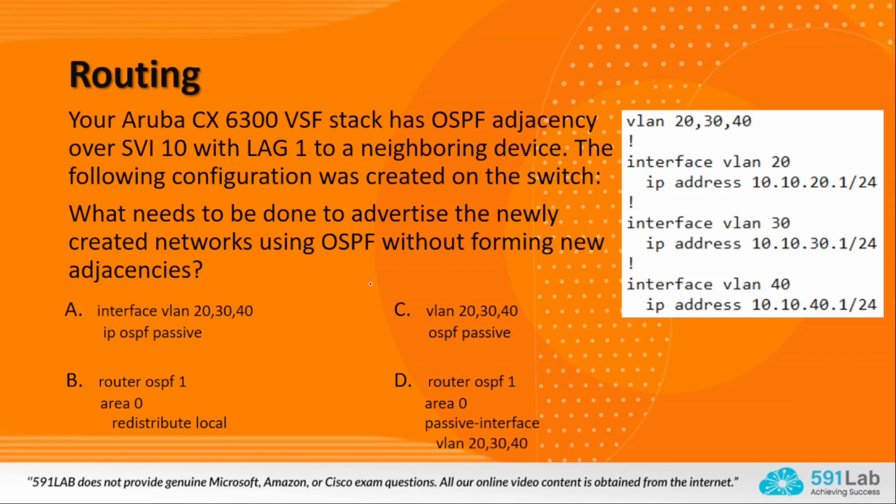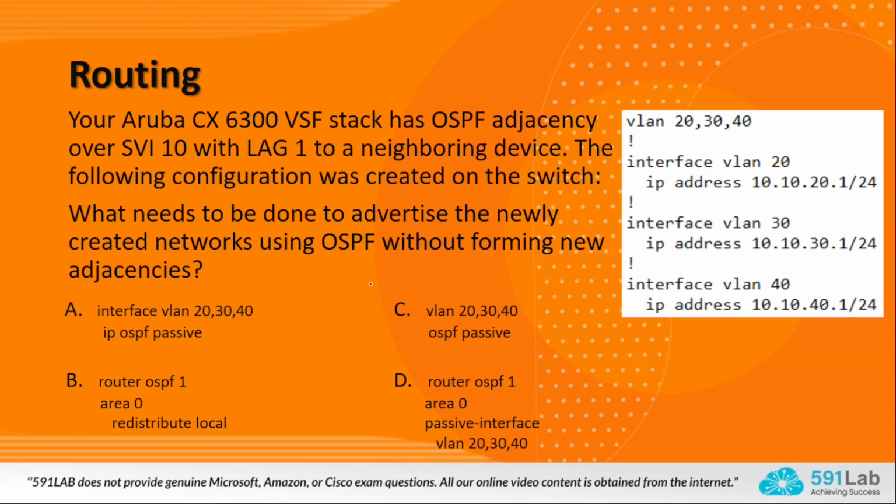Option A: interface VLAN 20, 30, 40, and under that interface VLAN configuration mode, IP OSPF passive is configured. This shows that VLAN interfaces of VLAN 20, 30, 40 are selected and all of them are made OSPF passive interfaces.